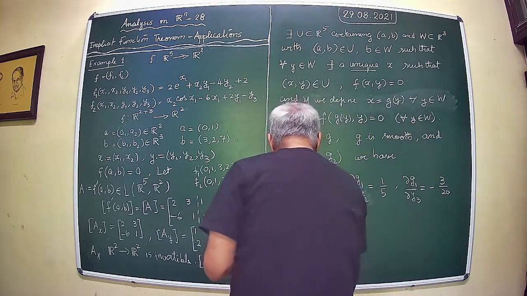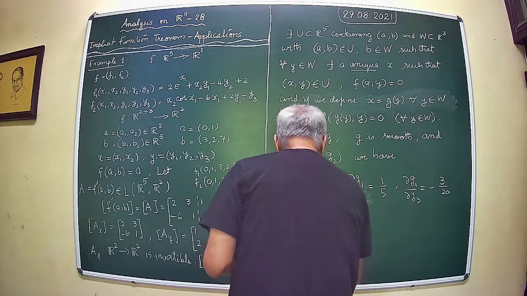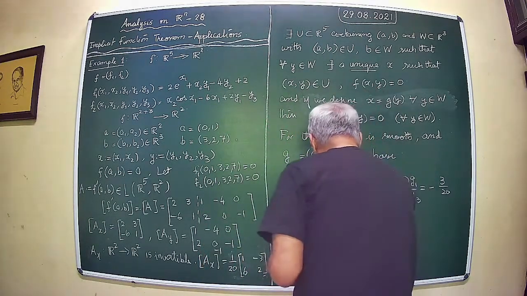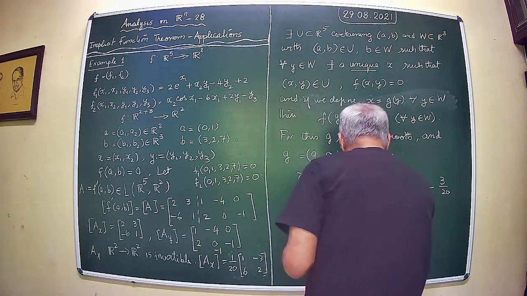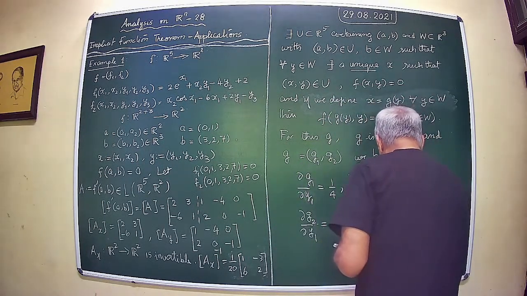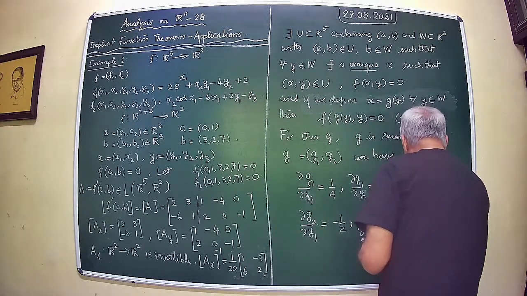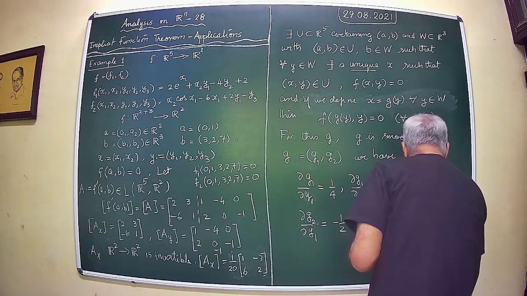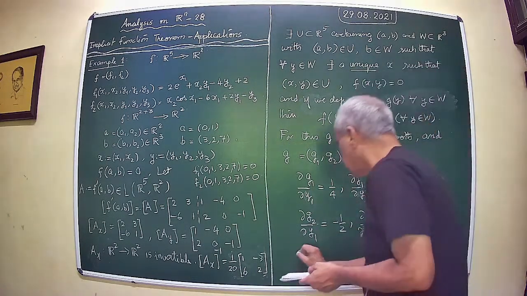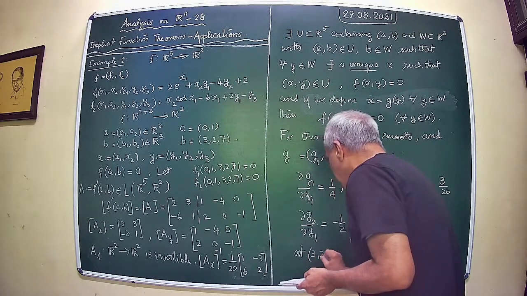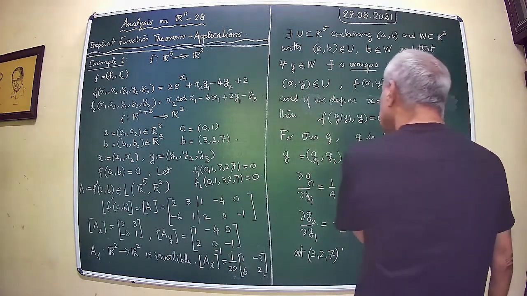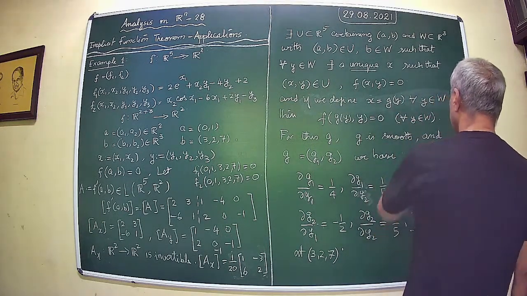Then dg2 by dy1 equal to minus 1 by 2, and so on, at B. And what you have is this, that is F of G(Y), Y equal to 0 for every Y belonging to W.